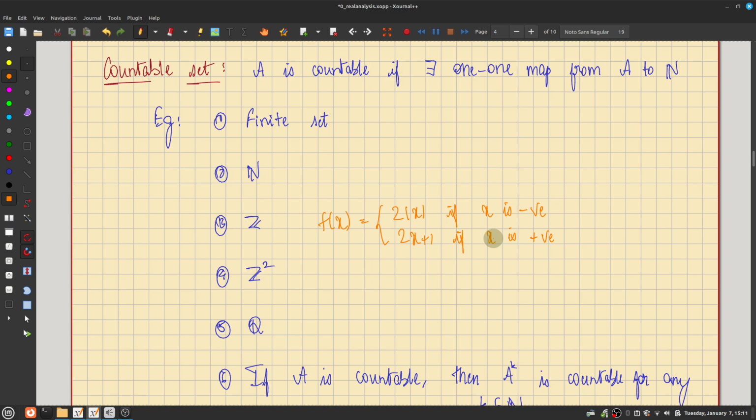With 0, you'll have to shift it, so f of x is 1 if x is 0.